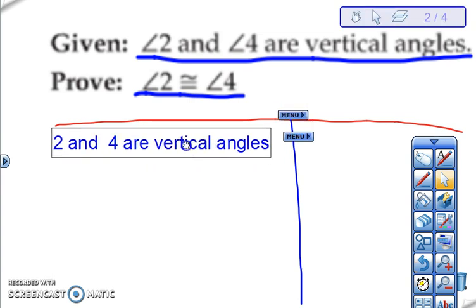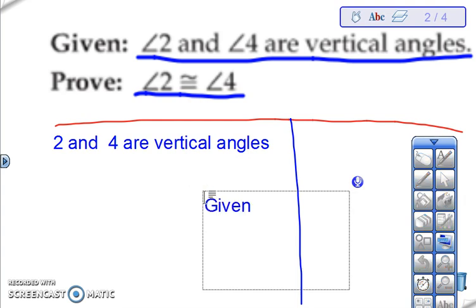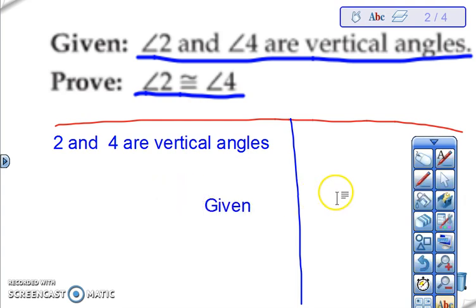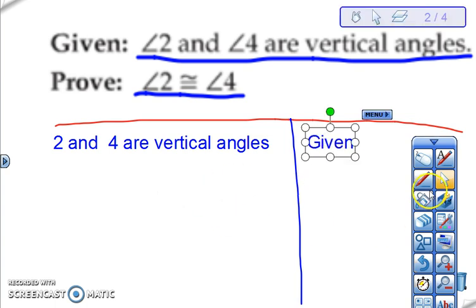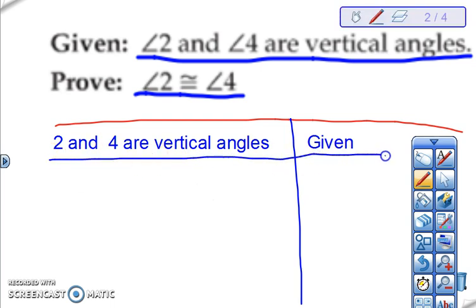Again, how did we know that? Because it was given. Okay, so let's put a little line under there to separate our steps.